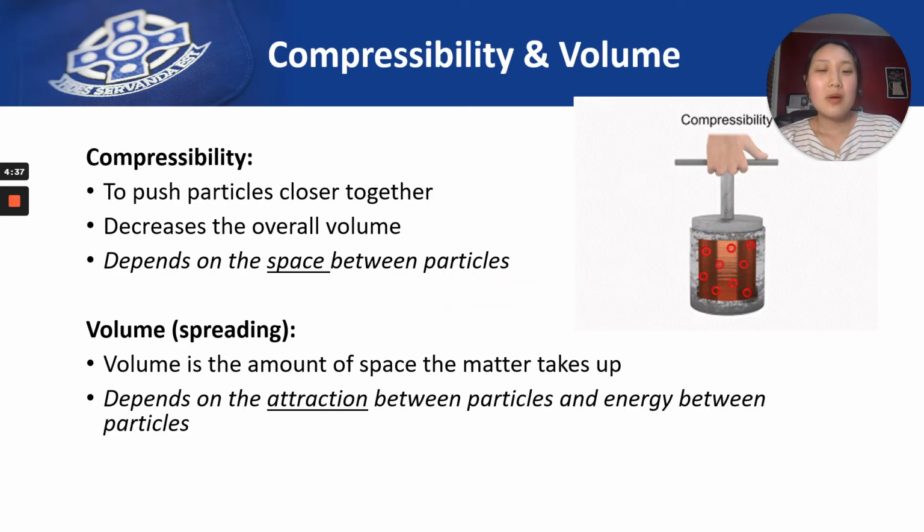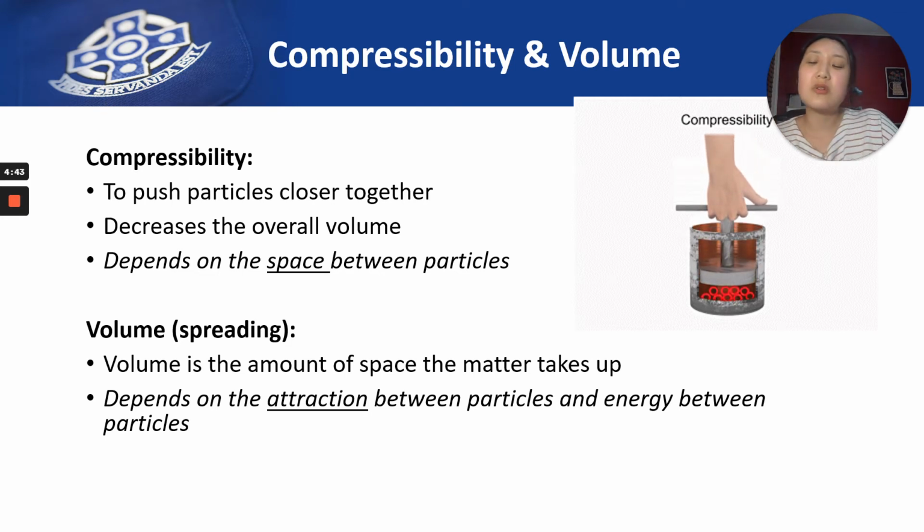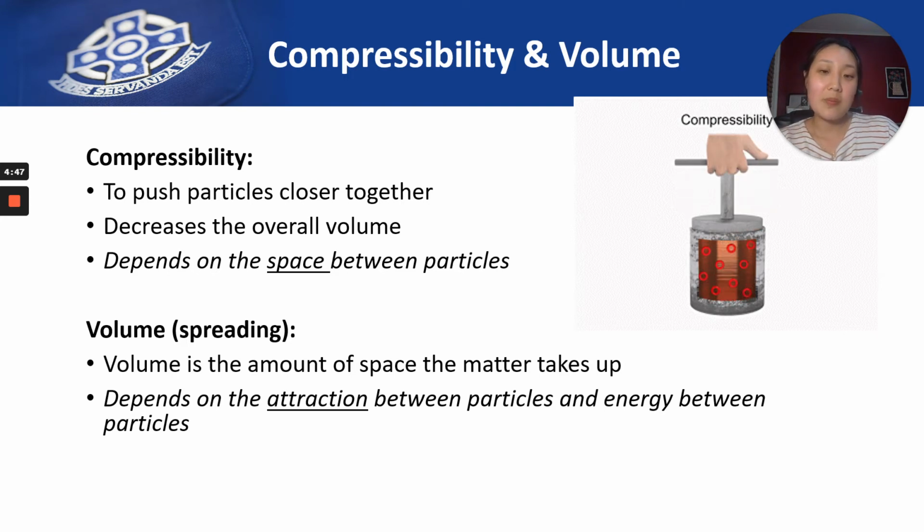Now, compressibility and volume are the 2 properties that we're going to be discussing. Compressibility refers to the ability to push particles closer together. And when we compress, it decreases the overall volume. How much we can compress depends on the space between particles. If we see the animation on the right, the guy is compressing the container.